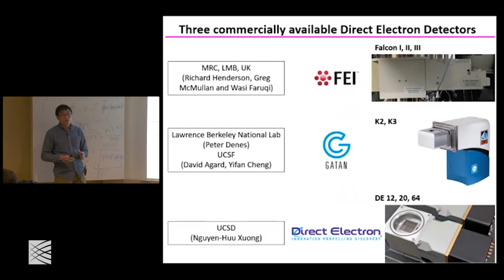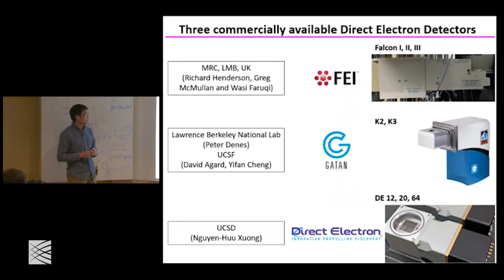Nowadays, there are three companies that sell this type of detector. And I would like to mention that all these detectors were actually developed by collaboration of academia and industry.